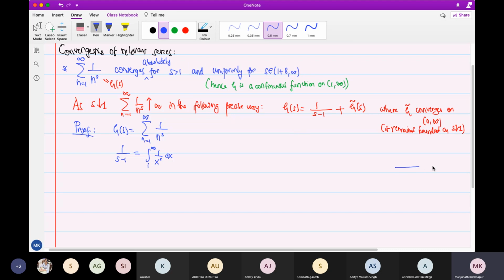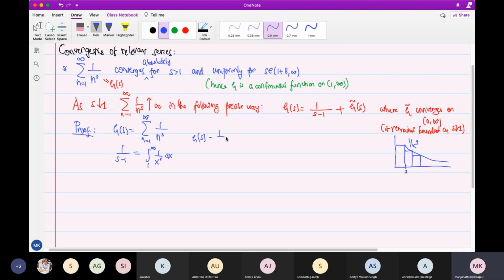So from 1 to infinity, we have 1 by x to the s, and then we have the summation of 1 by n to the s. It is often written like this: it is this area versus the area under the curve. That's what we are comparing.